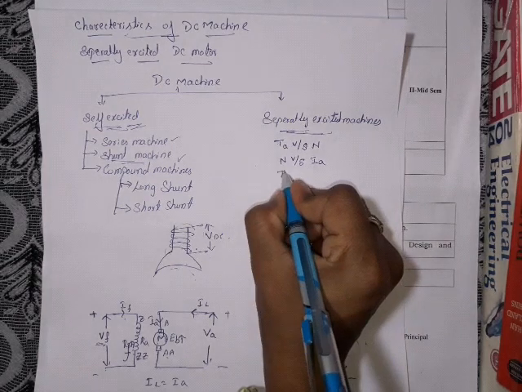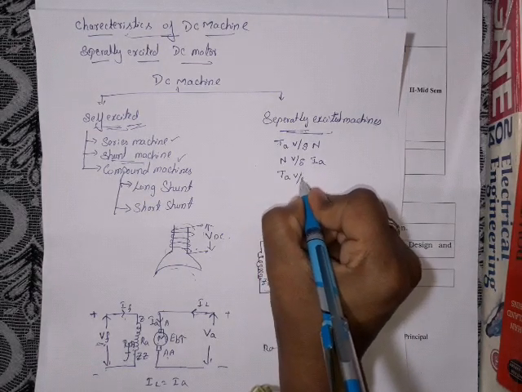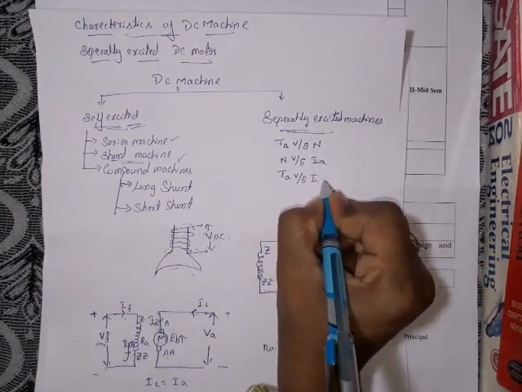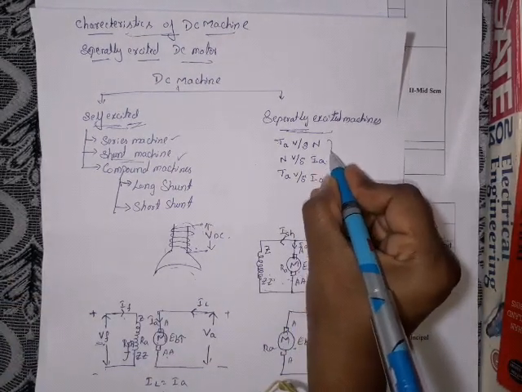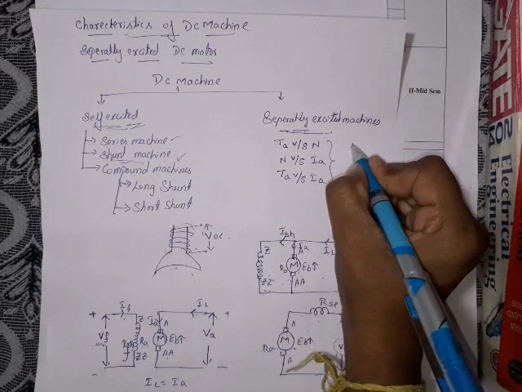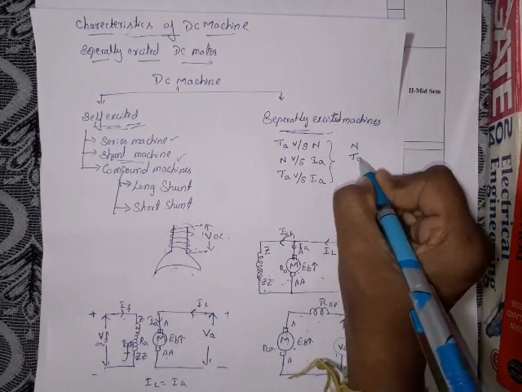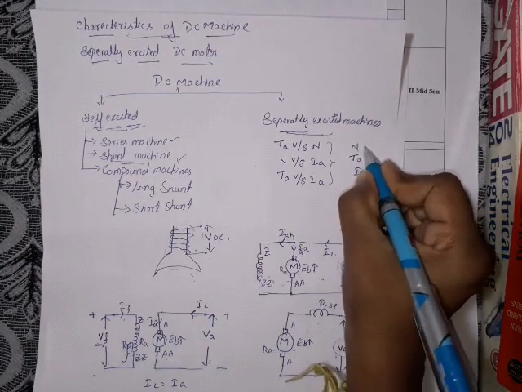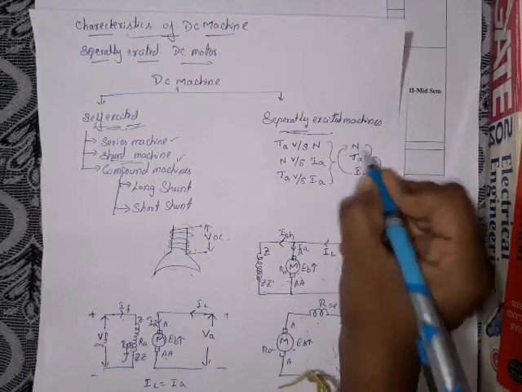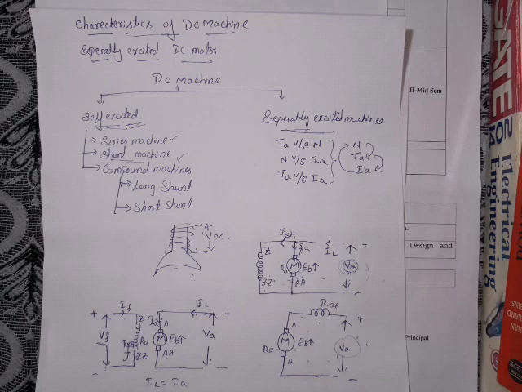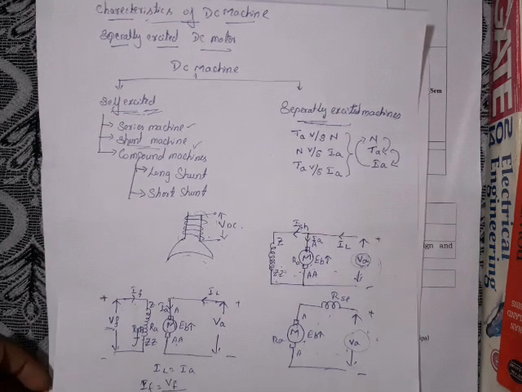And another one is armature torque versus armature current. So the things we need to study are N, TA, IA: N versus TA, TA versus IA, IA versus N. So these are the characteristics we need to study. Let's move on to that.